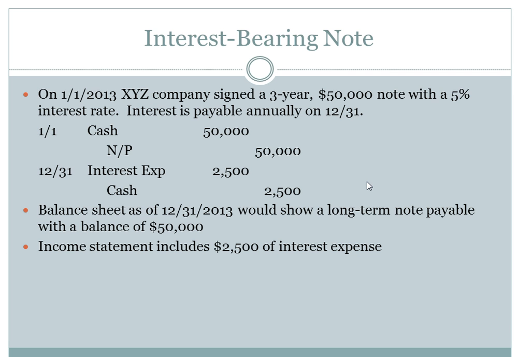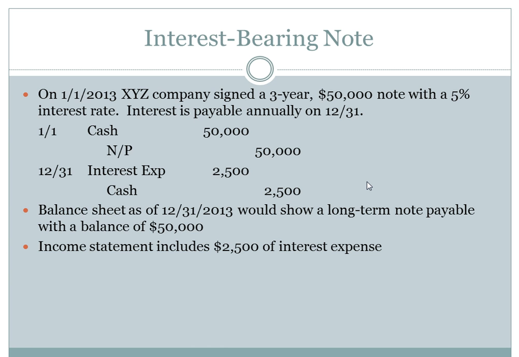That's exactly what would show up on the balance sheet. It's going to show up as a long-term note payable rather than a current note payable because at the end of 2013, the note has been outstanding for 1 year. It won't be paid for another 2 years. It's going to be outstanding for 2 more years. And so that's why it's a long-term note payable.